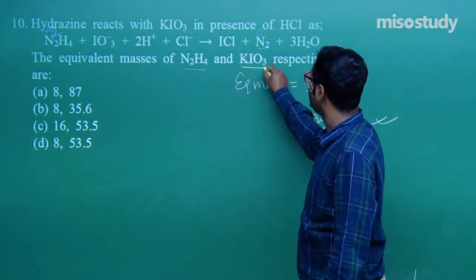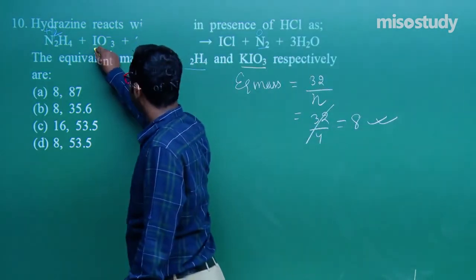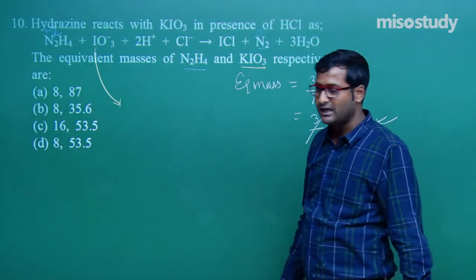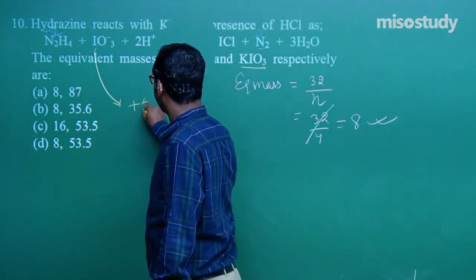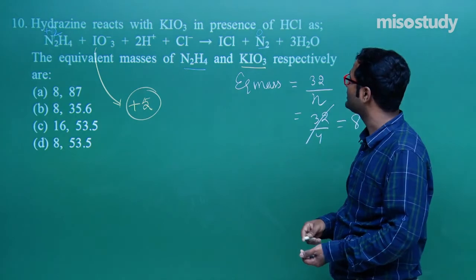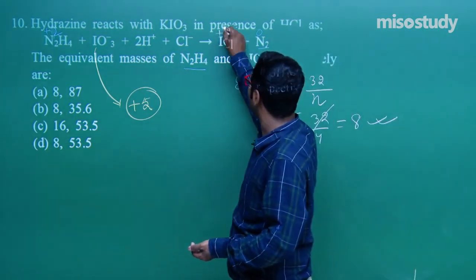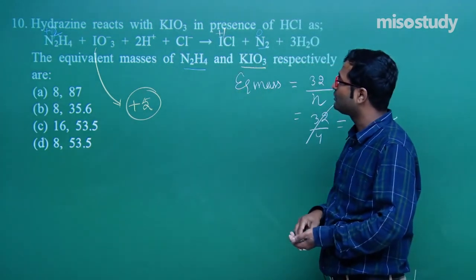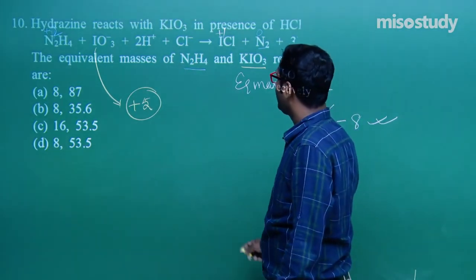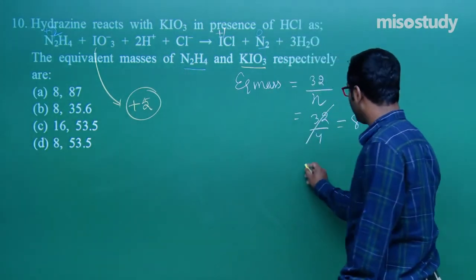And KIO3, here IO3 minus comes from KIO3. Here iodine is in +5 oxidation state. Yes sir, iodine is in +5 oxidation state. Here iodine is in +1 oxidation state. Now the overall change in oxidation state is 4. Now what is the equivalent mass of KIO3?